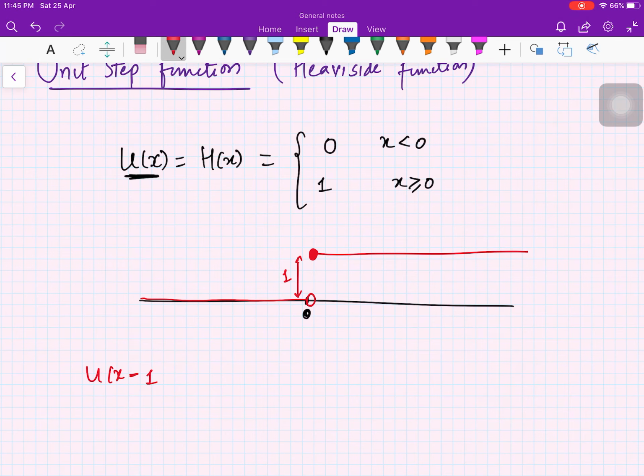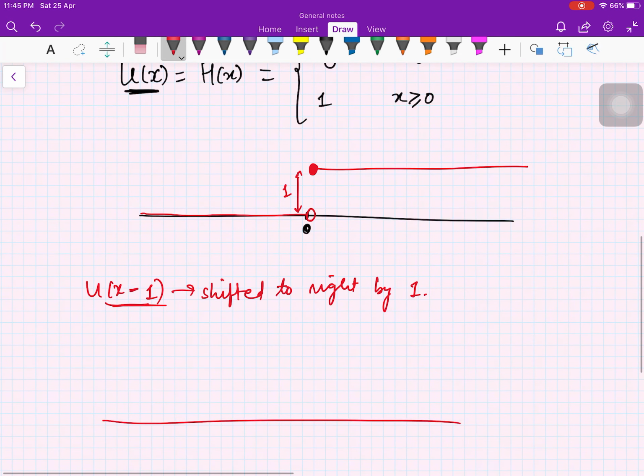And if we talk about say u of x minus 1, then it means that this graph will be shifted to right by 1. It means that then at 1 you have the discontinuity. Here is this jump discontinuity at 0, right?